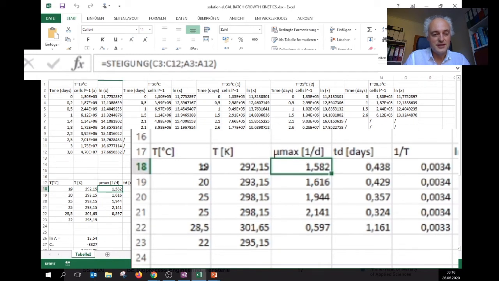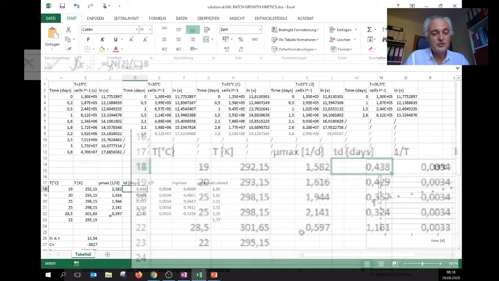As an example, this is the value for 19 degrees. These are the times as the x values, and ln x as the y values. It's the other way around, always, in the slope. I don't know why they do it like this. And then you get this value. You do the same for the others.